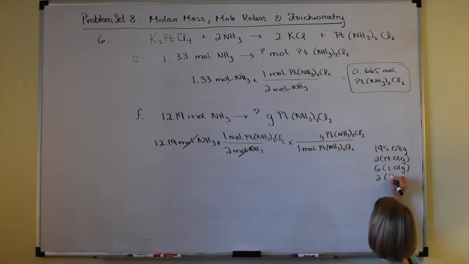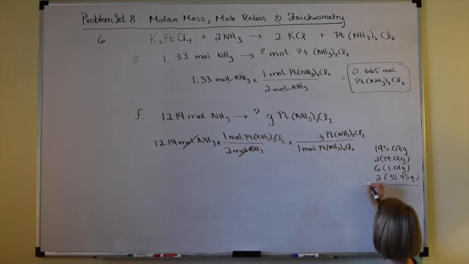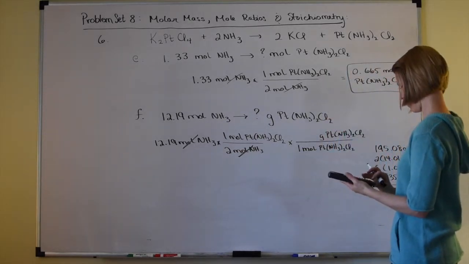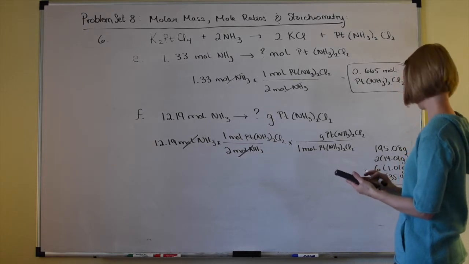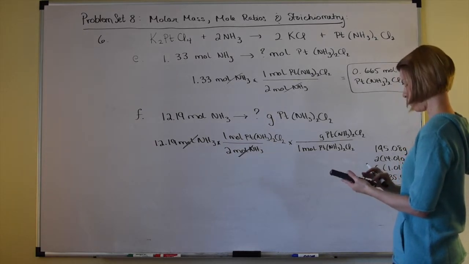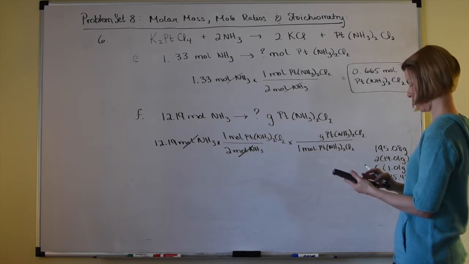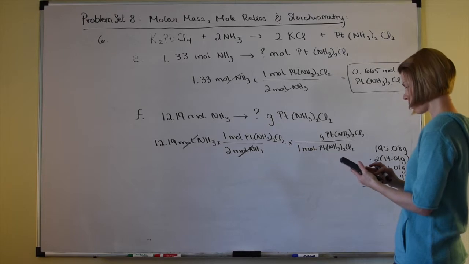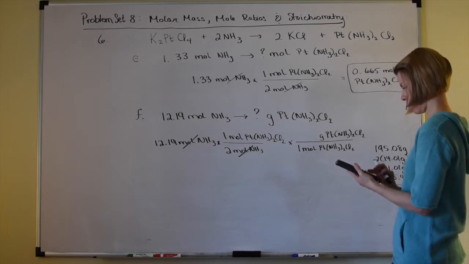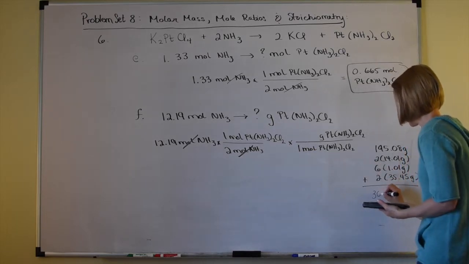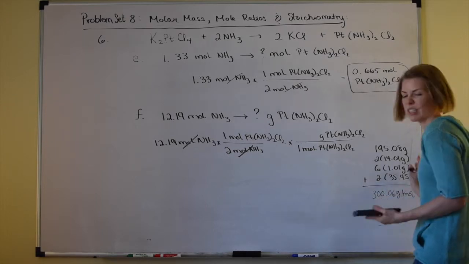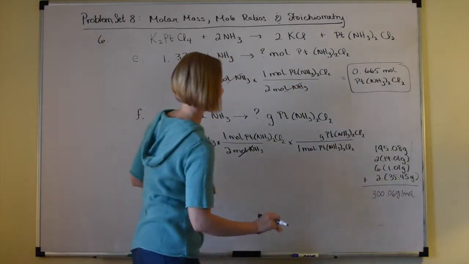And then 2 times the 35.45 for the 2 chlorines. Add it all up. 195.08 plus the 28.02 plus the 6.06 plus the 70.90, 300.06 grams per mole. Okay, we did that already, but we had to do it again because I erased it.